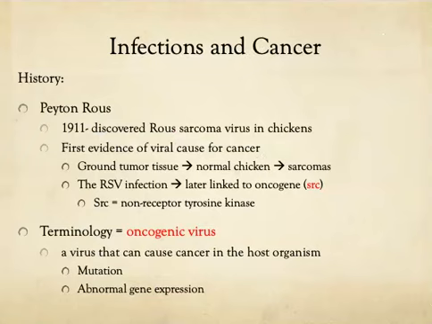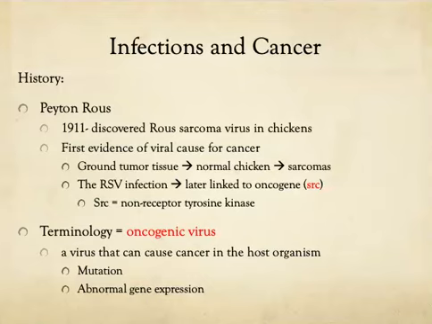The history of this is actually quite fascinating. It was back in about 1911 that a scientist named Peyton Rous first discovered that a type of cancer could be transmitted from one animal to another because of infection.